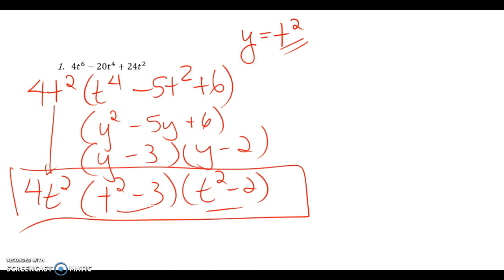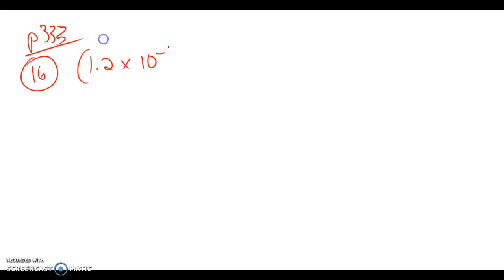Okay, now, we added a few problems to this worksheet that I wrote on the board, right? Page 333, number 16, has us multiplying two things in scientific notation, right?